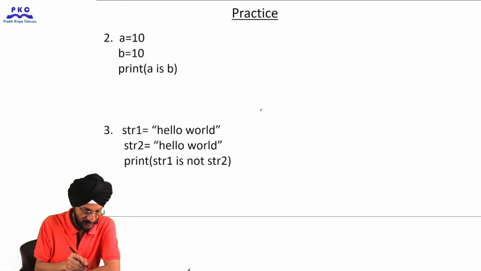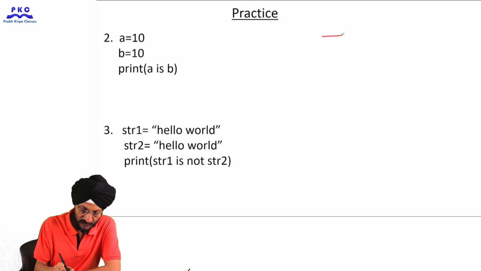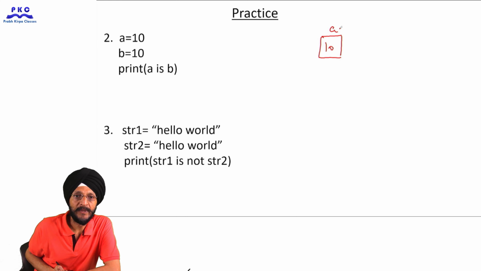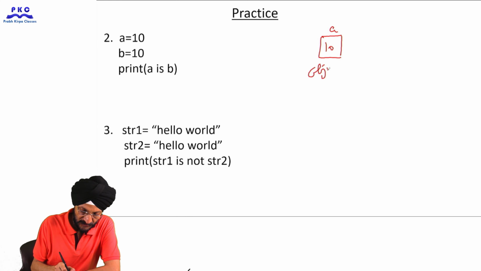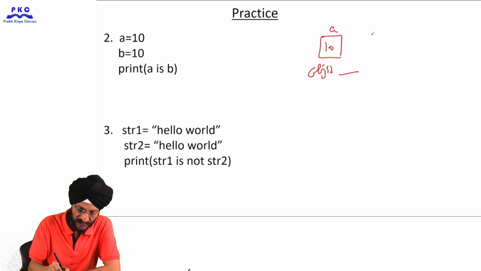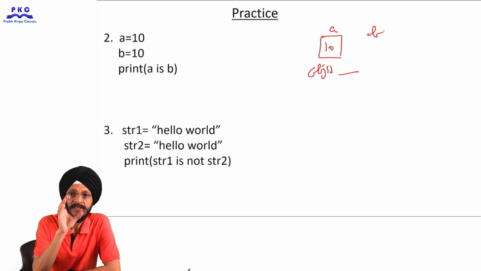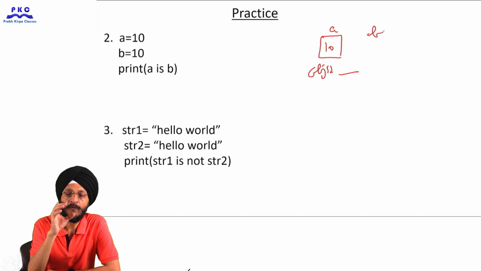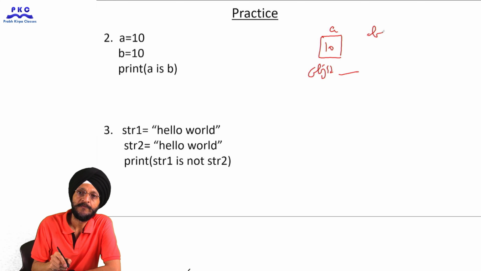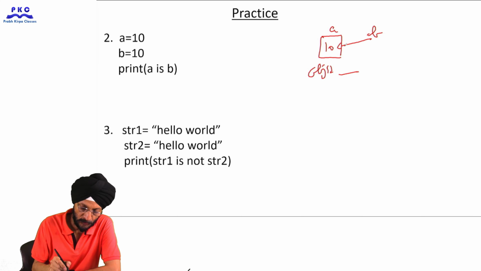So now another: A is equal to 10, B is equal to 10, print A is B. This is, say, the object 10. This is the variable name A given to it. This is the object ID where it is stored in memory. And when the B variable is created with the same value, then the memory manager of Python will store this object at the same memory location.